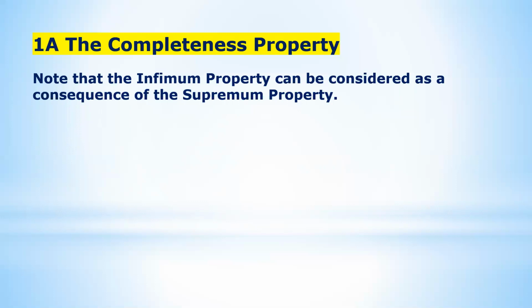This means that if I accept the supremum property itself only, then from the supremum property I can use a logical proof to show the infimum property. So these two properties are related. I don't have to assume both of them. I only need to assume one of them.